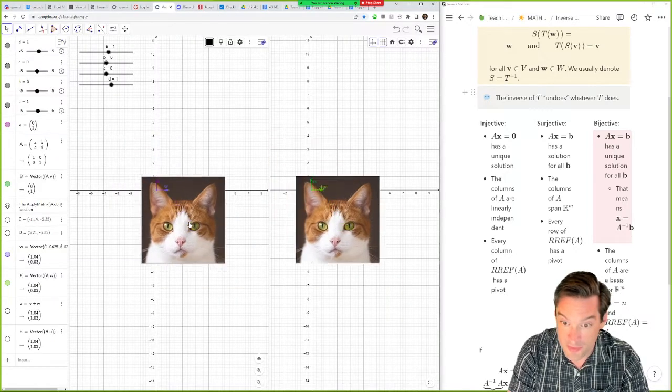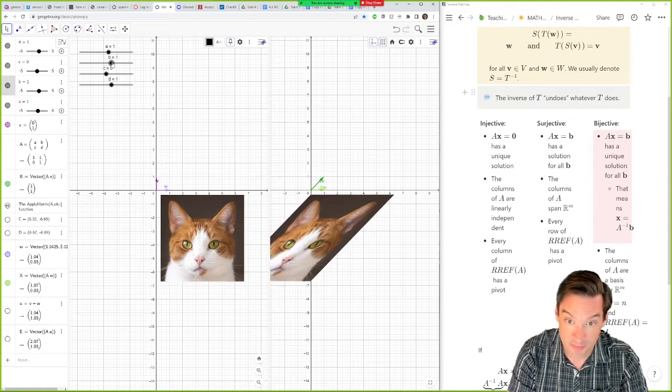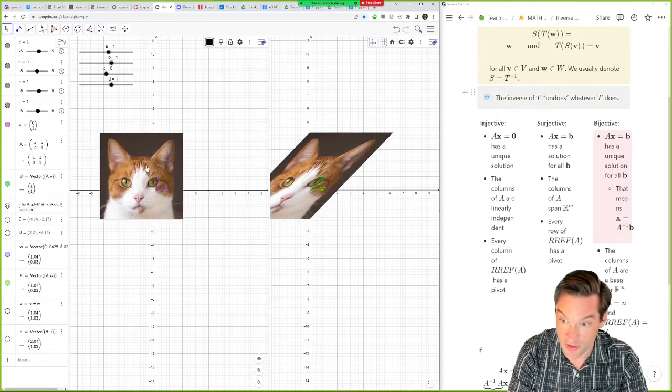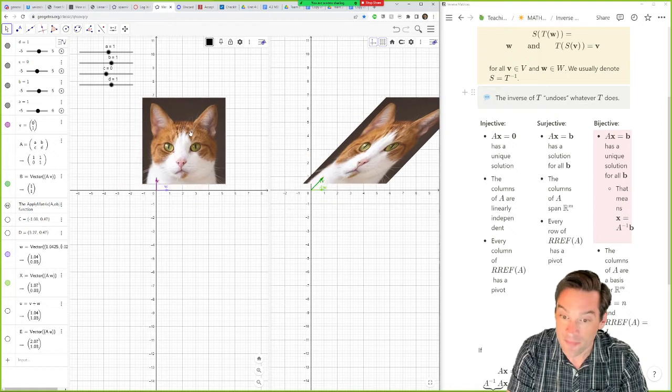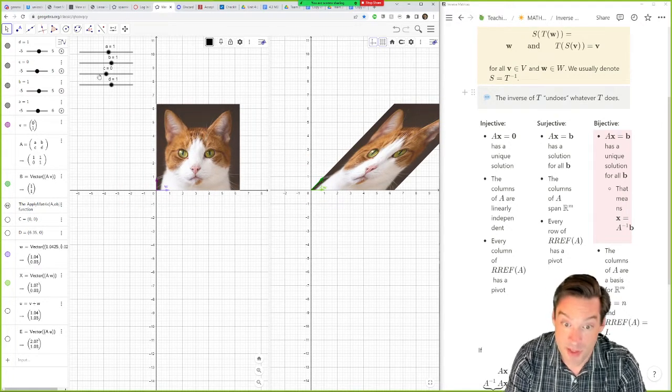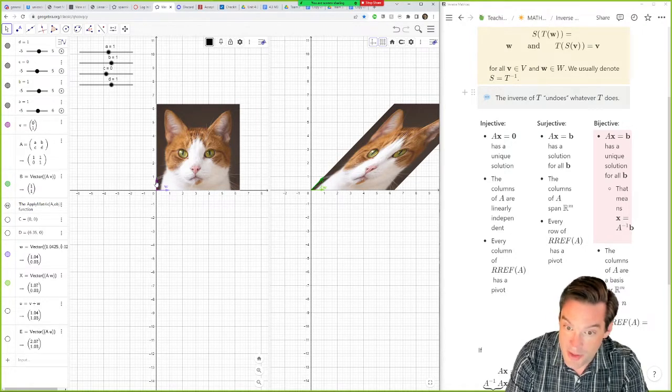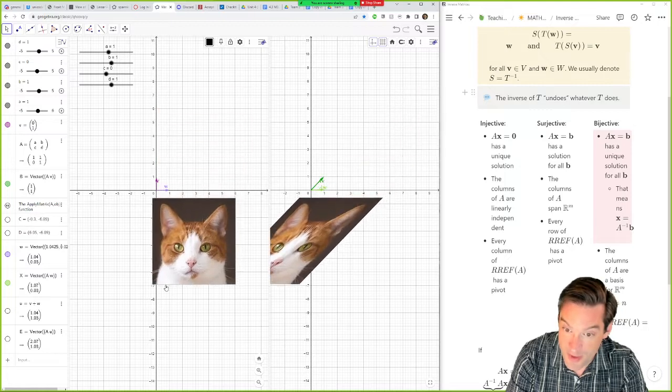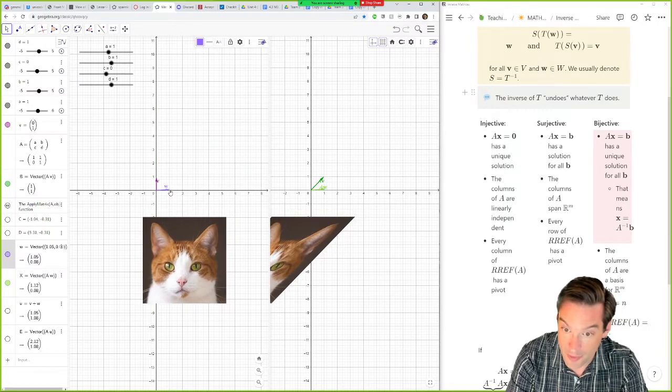So in this cat transformation example, if I pick an interesting linear transformation like this one, say, I can notice, for example, that my original transformation, represented by the matrix 1, 1, 0, 1, sends the first standard basis vector, 1, 0, to the vector 1, 0 in the codomain, and it sends the second standard basis vector, 0, 1, to the vector 1, 1 in the codomain.